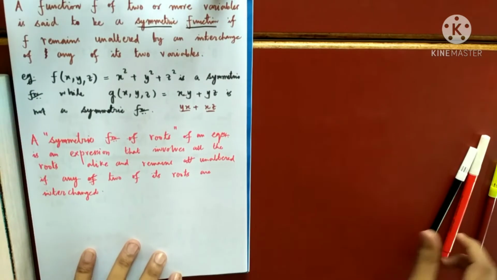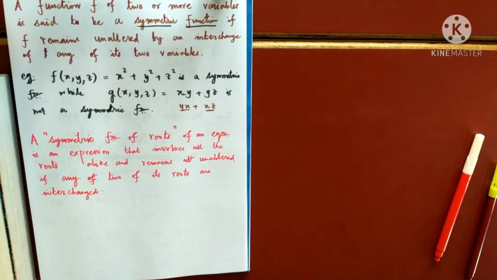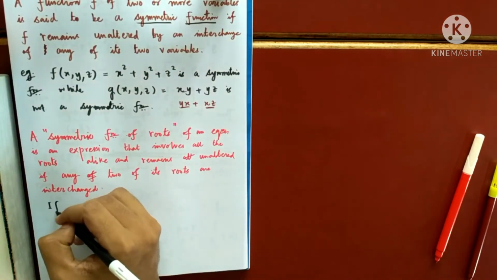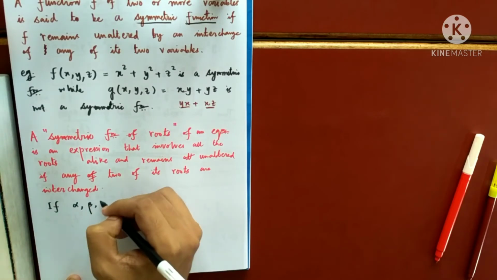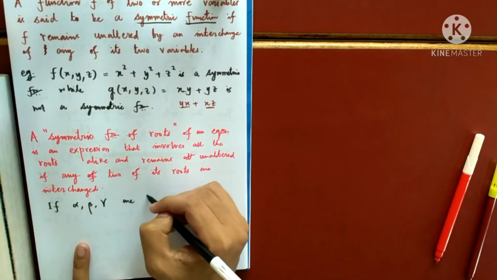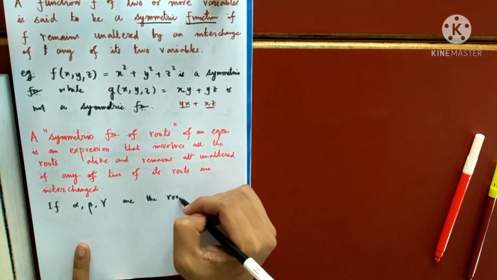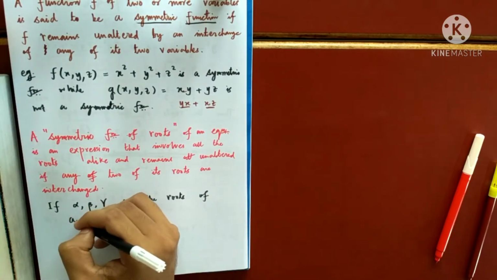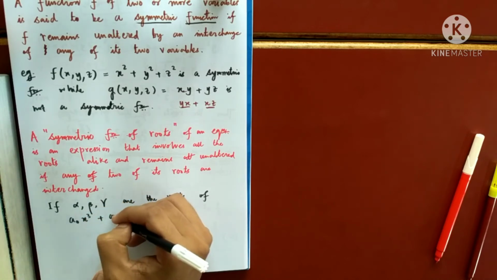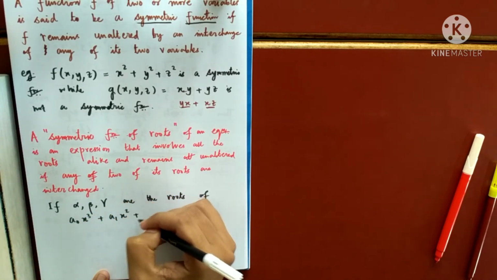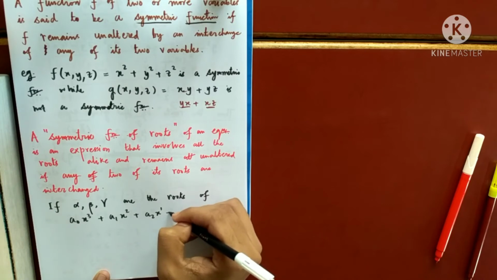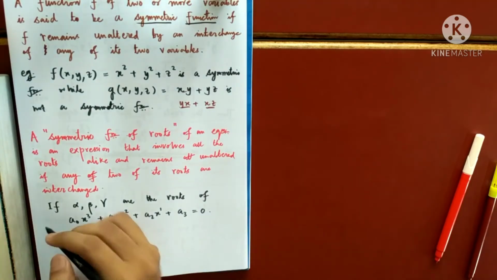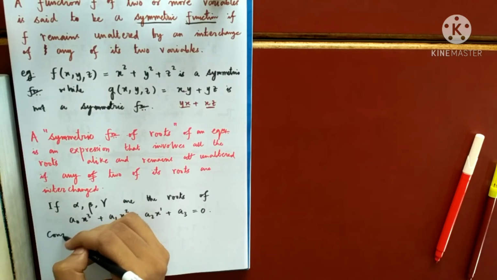For example, suppose alpha, beta, gamma are the roots of this equation. Suppose the equation is a0 x cube plus a1 x square plus a2 x plus a3 equals 0.